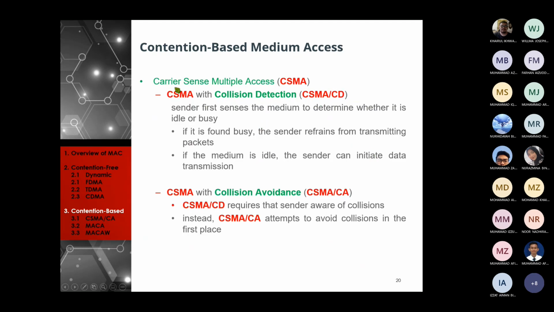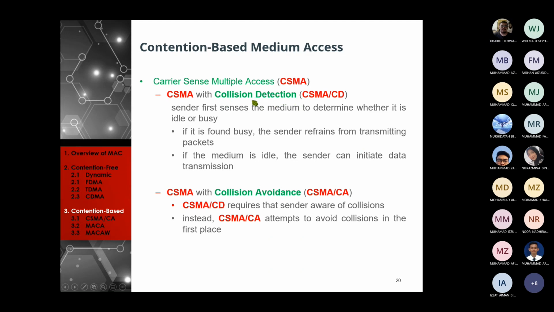Okay, dengan detect dia takkan berlaku collision lah sepatutnya. Okay, dengan avoid maksudnya lebih baik lah kan, lebih baik lah. Faham tak? Collision detection maksudnya kita cari collision berlaku ke tak? Kan?